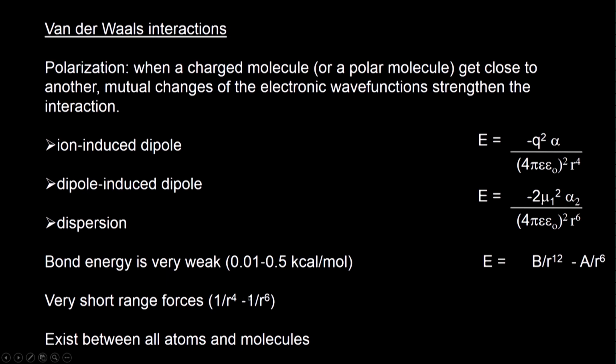Of course, A and B will be there, and it exists between all atoms and molecules. Like B over r power 12 minus A over r power 6 and so on. So, ion induced dipole will be like this, with r power 4 coming here, and the dipole dispersion forces will be r power 6. This is called the van der Waals interaction.